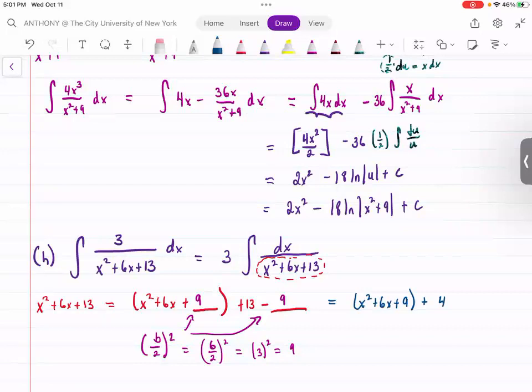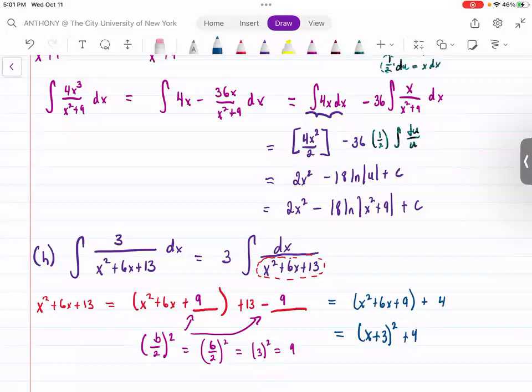What does that factor into? x plus 3 squared, right? Because what are two numbers that multiply to give 9 and add up to 6? Those two numbers must be 3 and 3. So you would have x plus 3 times x plus 3, but if it's the same binomial multiplied by itself, you write it as the binomial squared. So it's x plus 3 raised to the second power, plus 4.